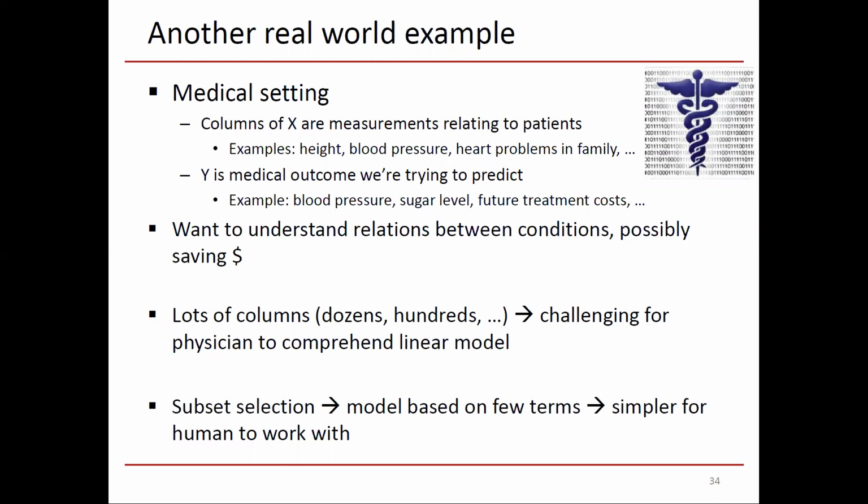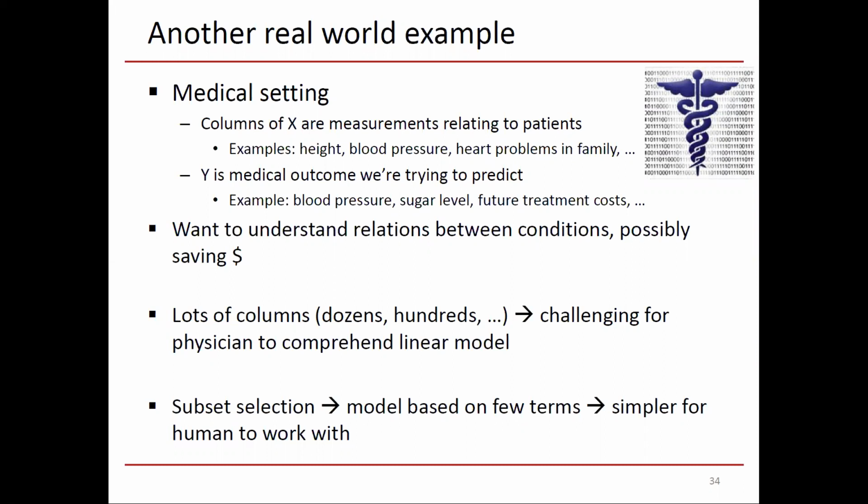Imagine that you're an insurance company and you really want to know who are the potentially expensive patients. Let's say you want to find a way to reduce their costs. So trying to understand this will be interesting for you. And we want to understand the relations between the various conditions. And if we can understand those relations, hopefully we can provide better health outcomes. Hopefully we can do so using fewer medications, less treatment. So this would basically save the health system money.